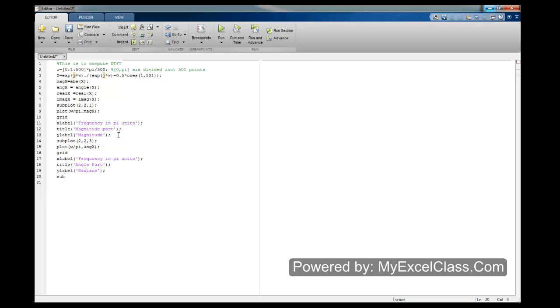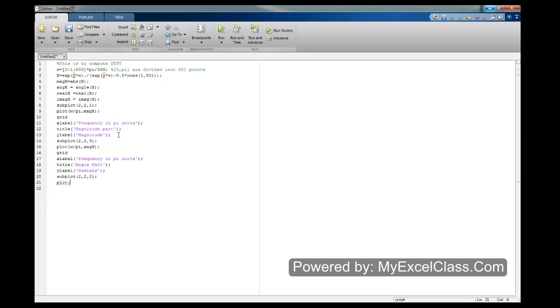Now another subplot will be 2, 2, 2, bracket close. Plot. Now we are plotting the real part of x.